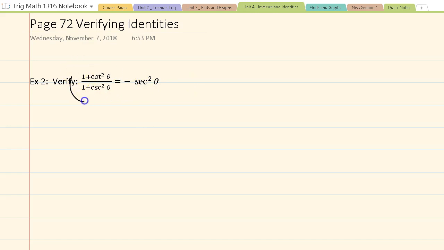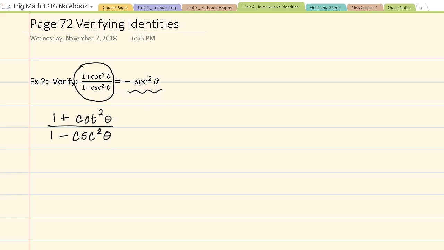I always start off by asking myself which side is the ugly side, and we can clearly see that the left side is probably our ugly side. So let's rewrite that one as 1 plus cotangent squared of theta over 1 minus cosecant squared of theta. And remember, we want to manipulate this side until we make it look like the other side.